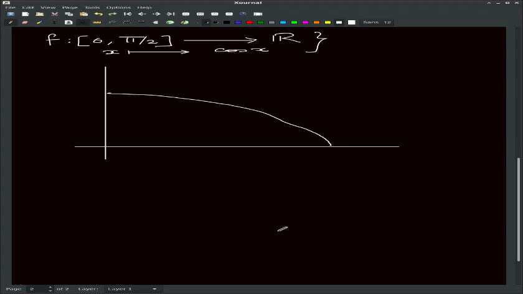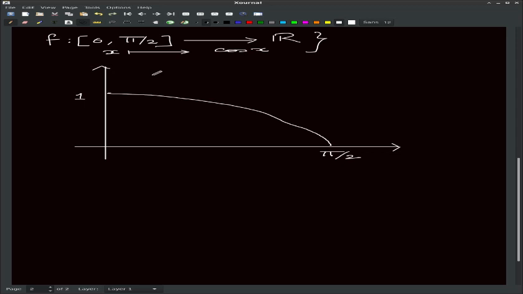Clear? Yeah, it's clear. If you draw the graph, you can immediately see, as you have done in calculus, that this is the graph of the cos function, and it is obviously a one-to-one function.